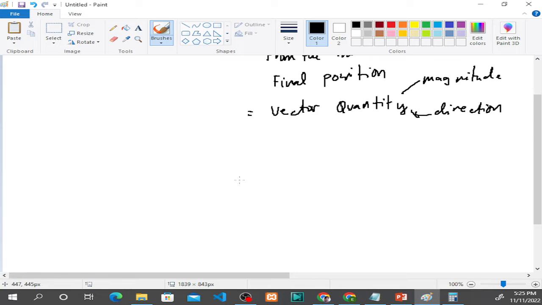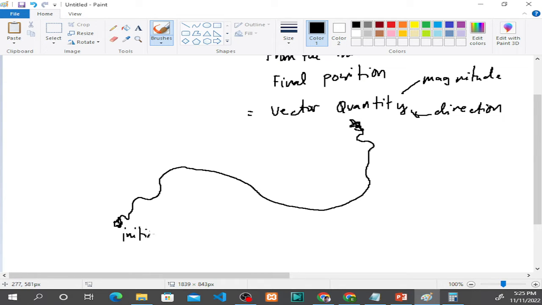For example, I have a certain fly that is flying around, and then it ends up somewhere here. So this is the initial position of the fly, and this is the final.